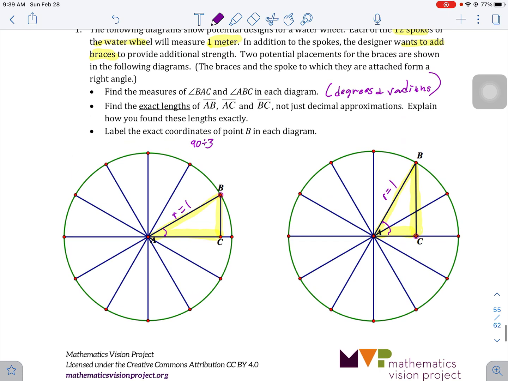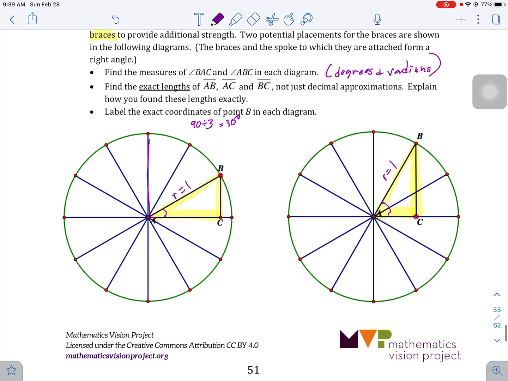First thing, let's start with the angles. 90 degrees divided by 3 equal parts will give us 30 degrees. So the measure of angle BAC is going to be equal to 30 degrees.